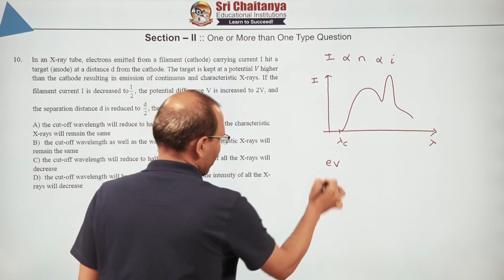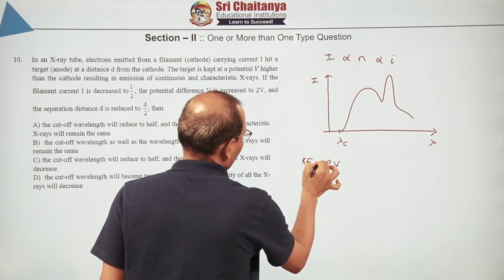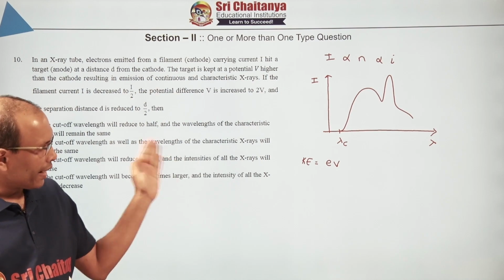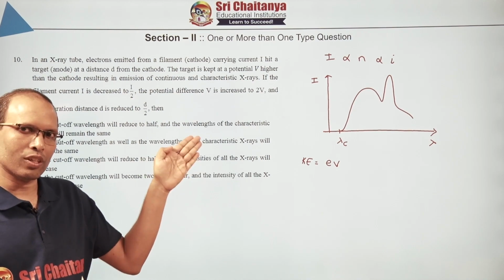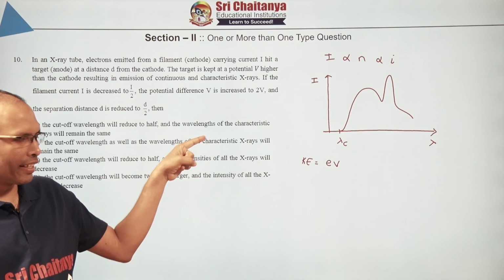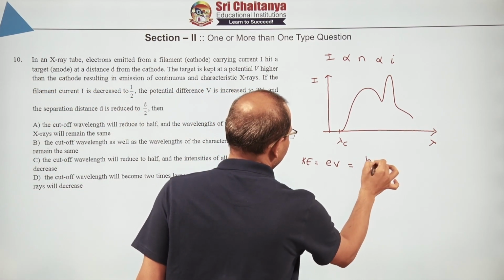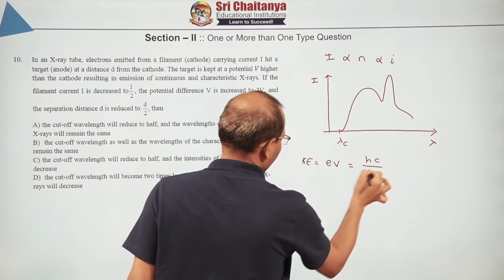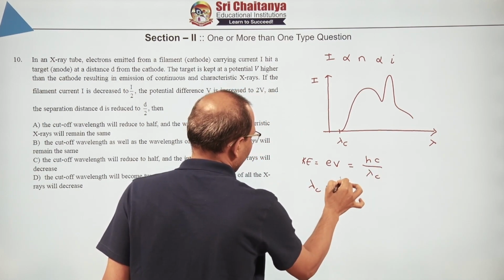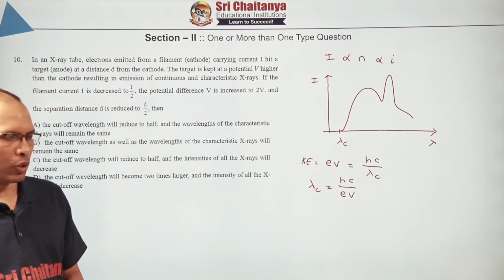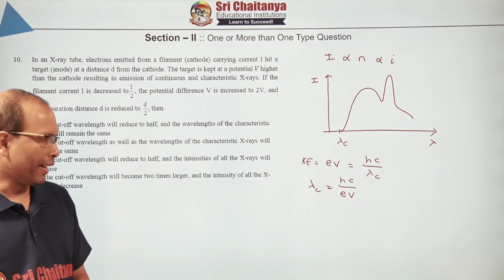This can also be the maximum energy of the X-rays. So the energy of X-rays is hc by lambda c, so lambda c is nothing but hc by eV. So it is inversely proportional to the applied voltage.